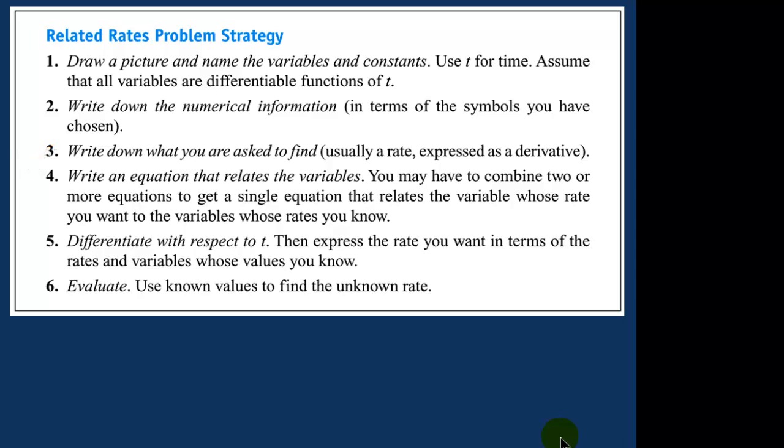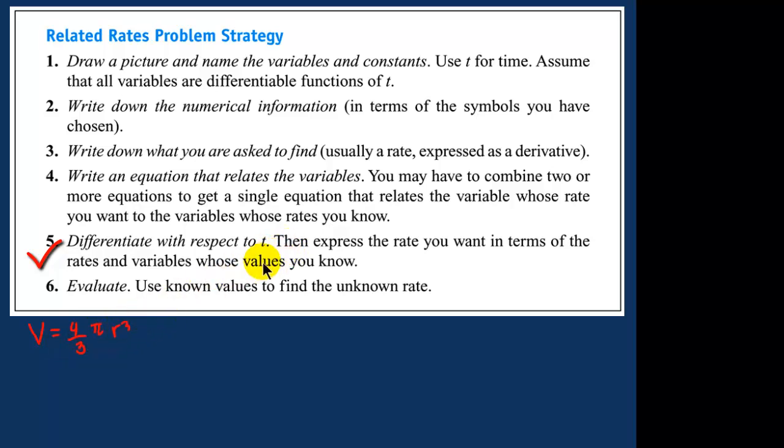And then write an equation that relates the variables. So what we wrote was the volume equation that relates the radius, 4/3 pi r cubed. And then after we write the equation, we differentiate it with respect to time, and we did that.